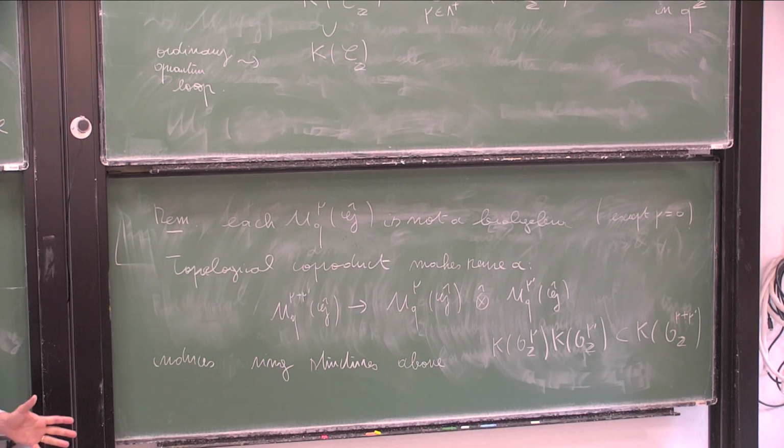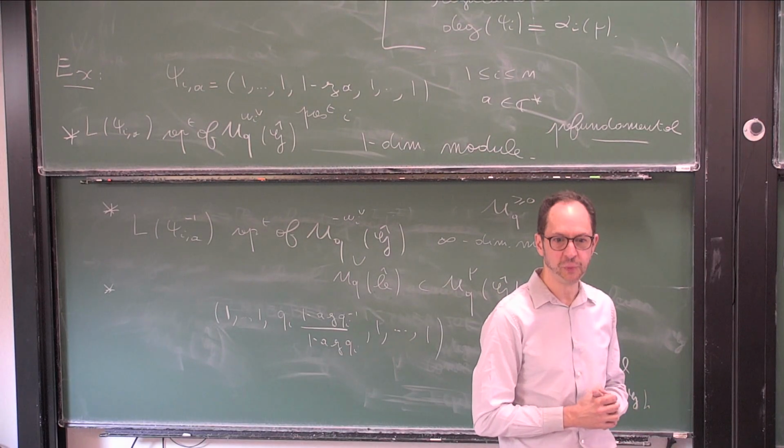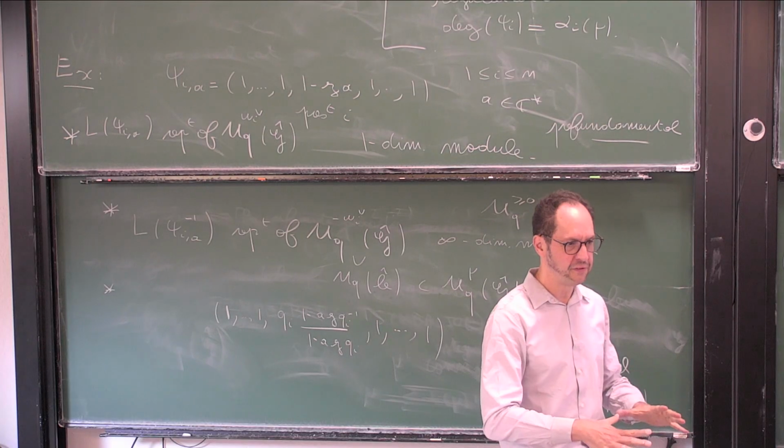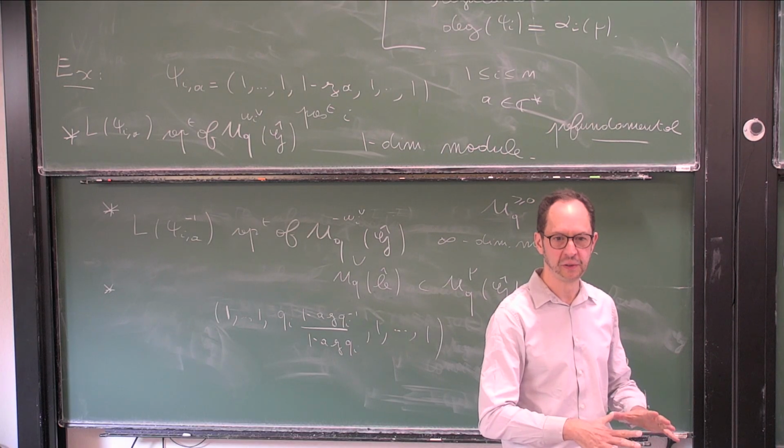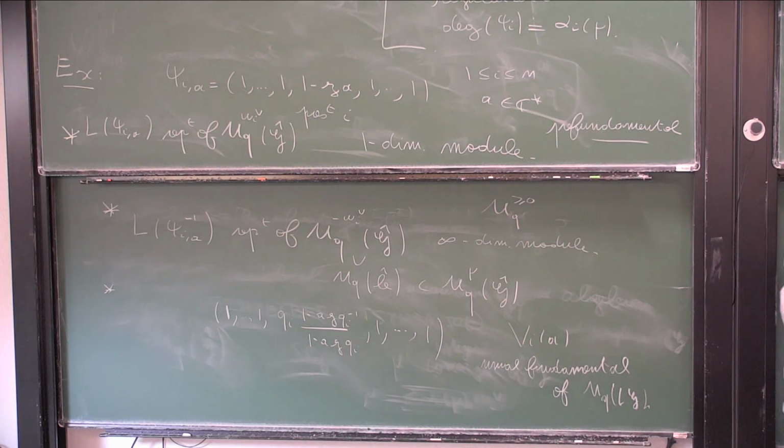That's again a great question. A priori, yes, you don't know, but recently with Huafeng Zhang, we proved that finite length modules are preserved by the product. But it's not something obvious.